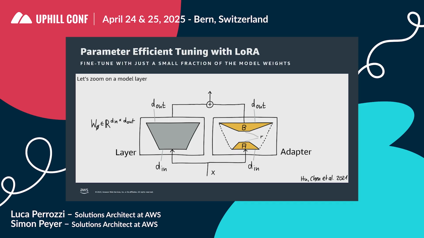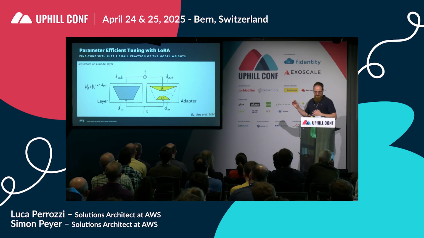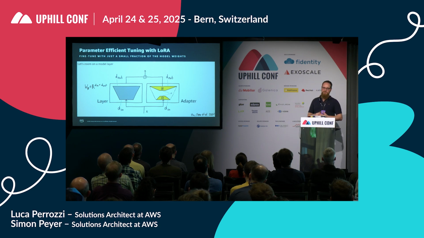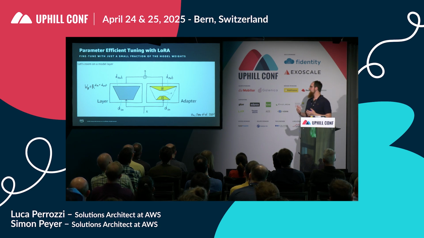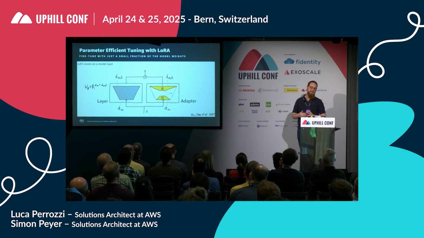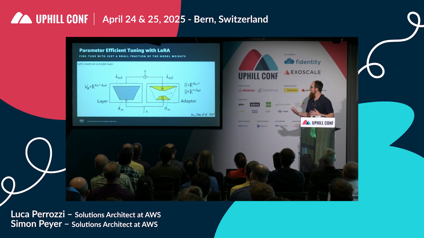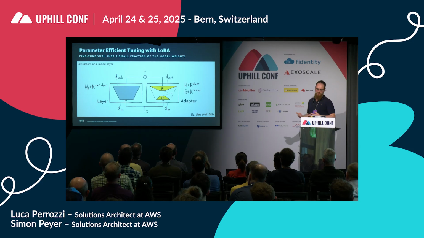This then creates a new matrix. And instead of training on the whole, you would just train those A and B matrices. Both matrices have a lot fewer parameters, and that's why it's much more efficient. So again, we have matrix A, input to R, and matrix B, R to output.